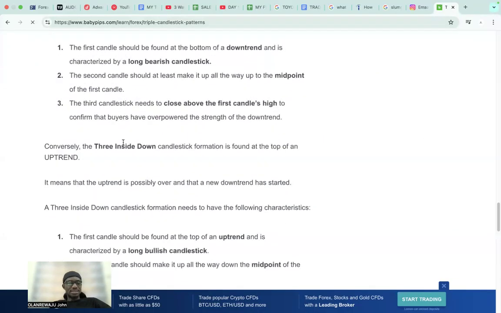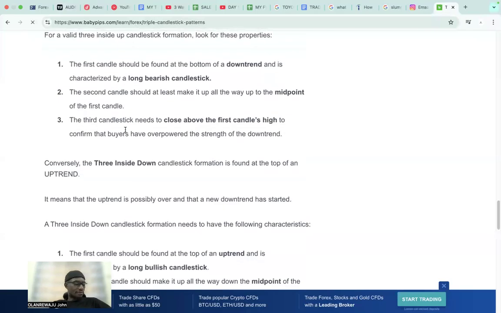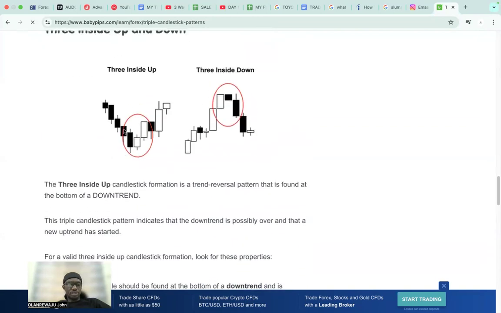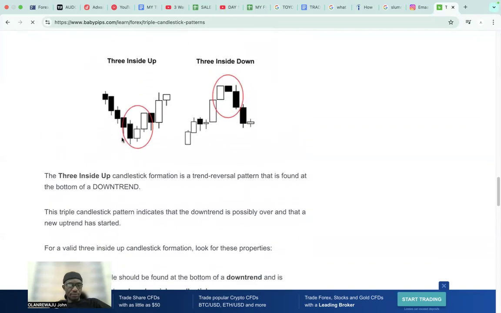You can see that the candlestick pattern formation has its own rules and regulations. In a bullish market, for the one that will give us a bearish signal, they spoke about the bullish signal first.